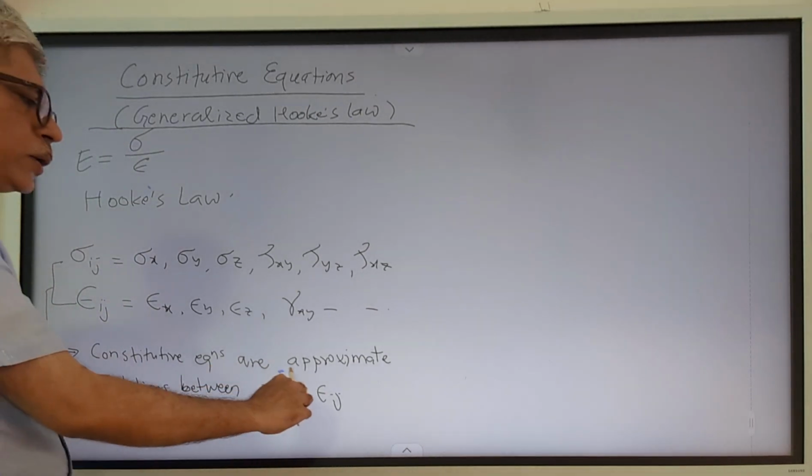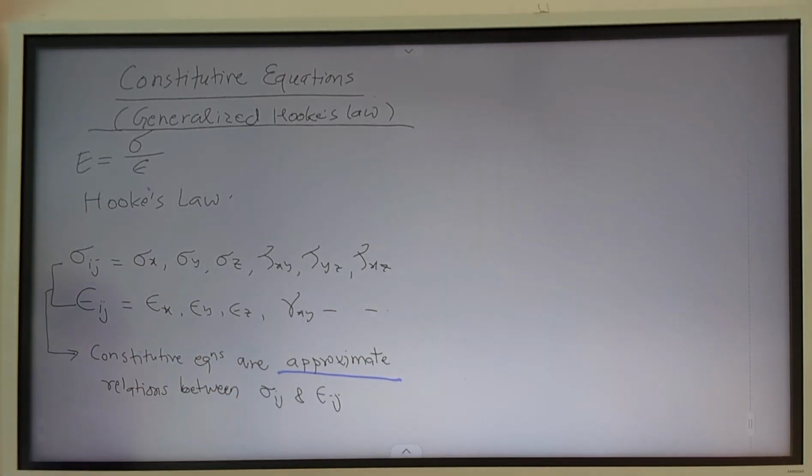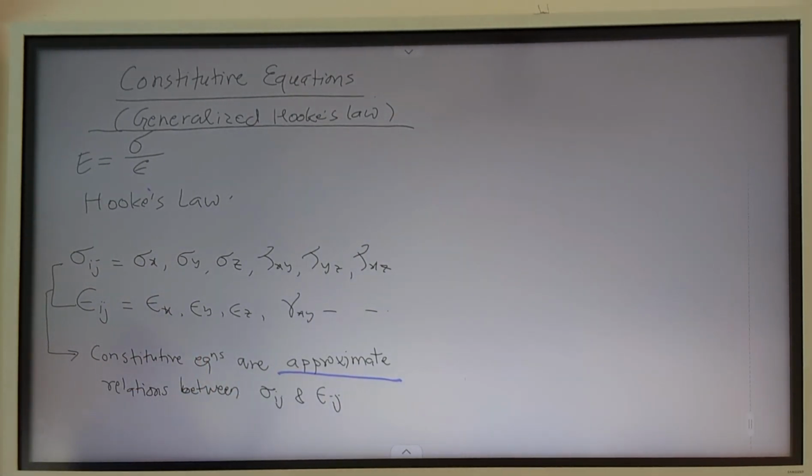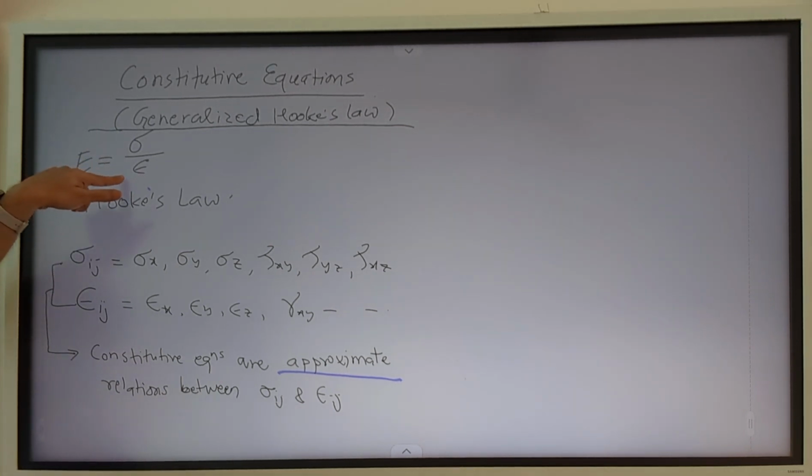It is important to understand that these constitutive equations are not accurate, in the sense they don't have any physics-based derivation as such. We only know, based on experiment and observation, that stress is in general directly proportional to strain up to the yield point.